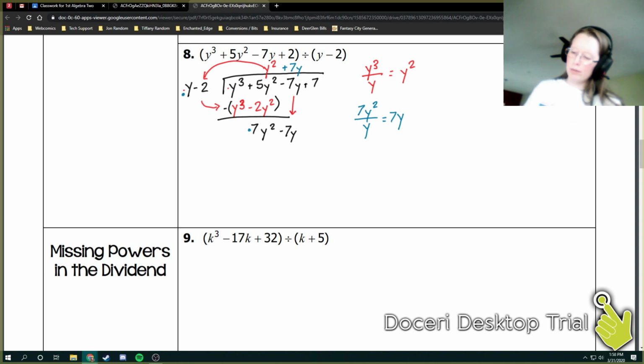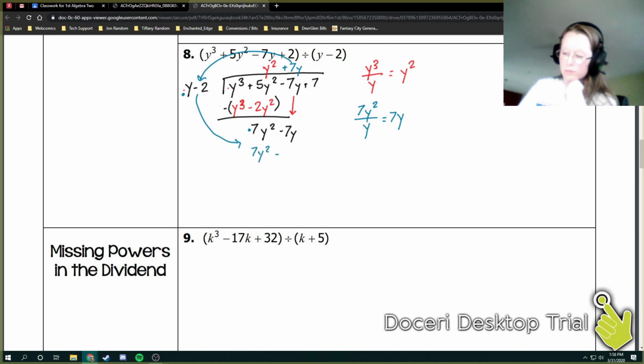Then I multiply that through. Multiply 7y through all of that. And then I subtract. Those, the first two always cancel out. Negative 7 plus 14 is 7. And we bring it down.